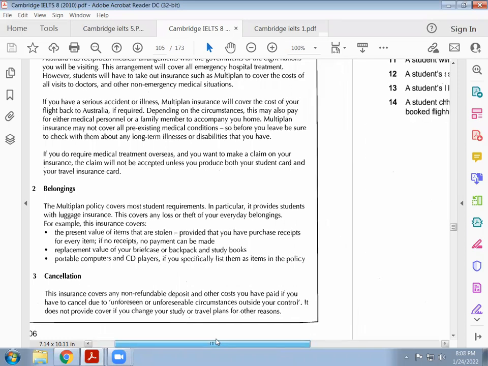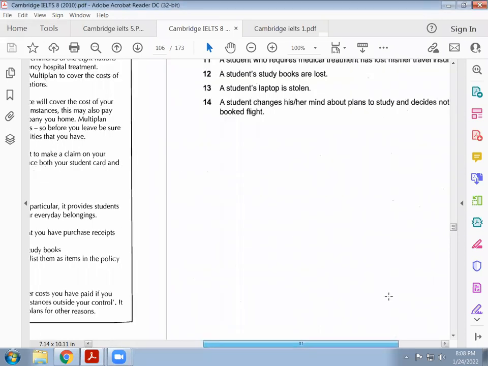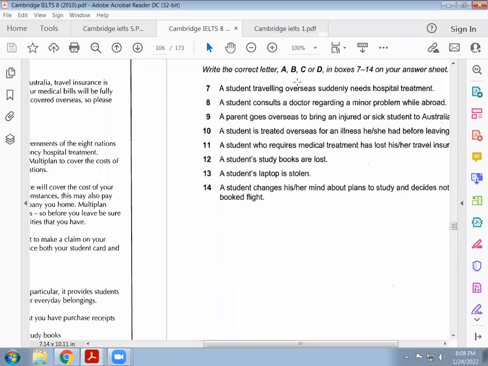Meaning, if you read it only till here, you will feel like it is covered in multi-plan. But if you read it in full, it means it covers in some situations. So not all the time, but depending on circumstances or depending on the situation. So our answer number 13 would be D.